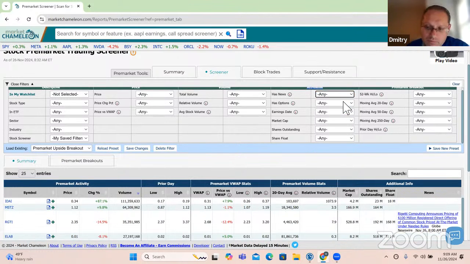Our platform offers a lot of options analytics. A lot of our customers use that for options. So if you wanted to look for stocks in the pre-market that also have listed options, you could just set this to true as options, and it will filter out only stocks that are trading in the pre-market that also have options listed on the exchange.